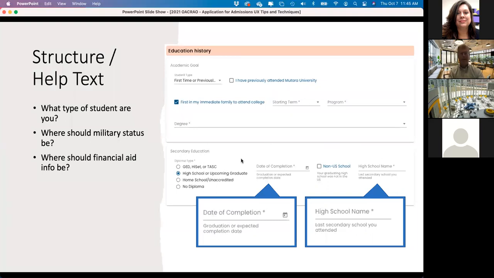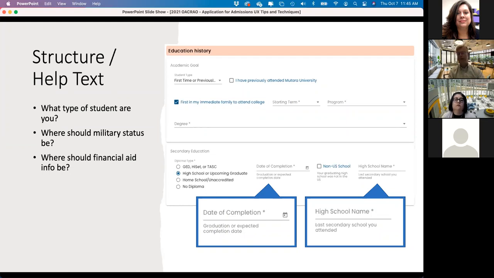Yep. Thank you. And then the other thing is, how do you make it helpful to folks? Because a lot of times it's important to know how this data is being used. For example, date of completion. What does date of completion mean?